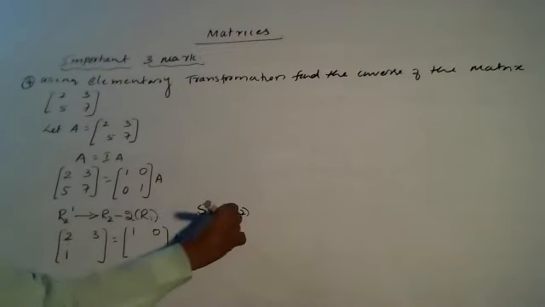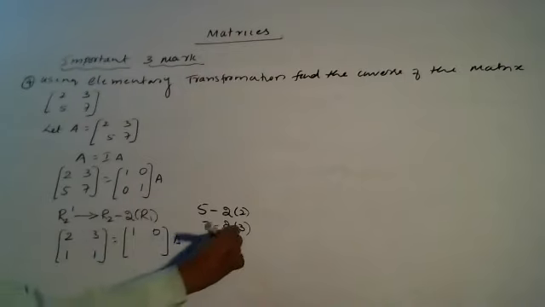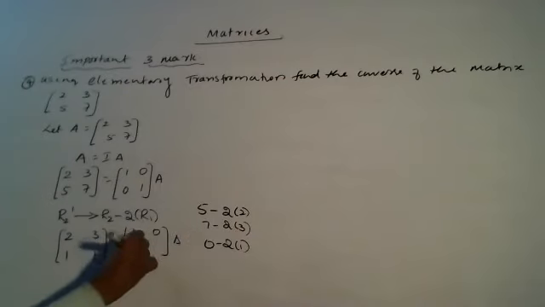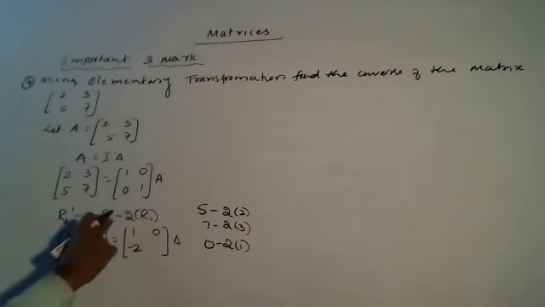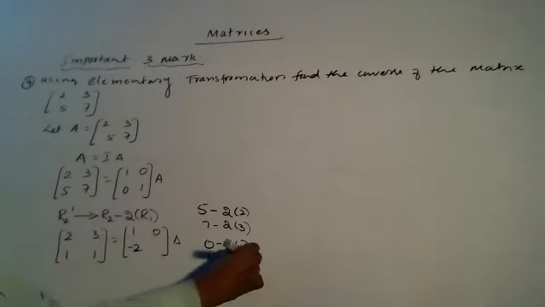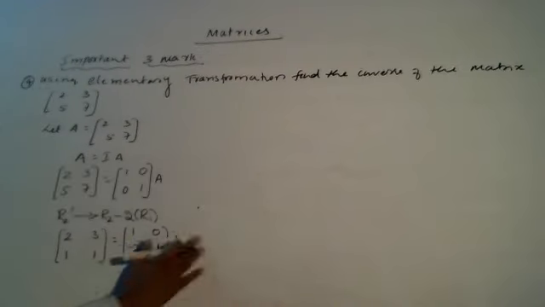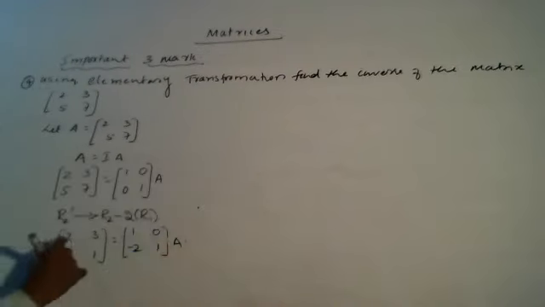Next is 7 minus 2 into 3, that is equal to 1. On the right, 0 minus 2 into 1 is minus 2. Next 1 minus 2 into 0, answer is 1. This is over.